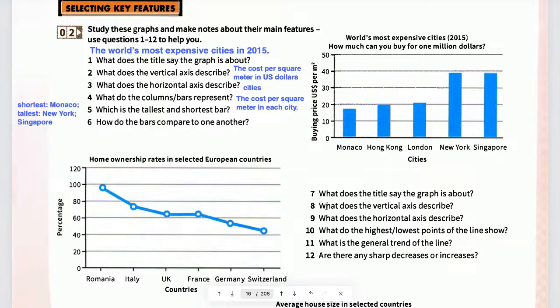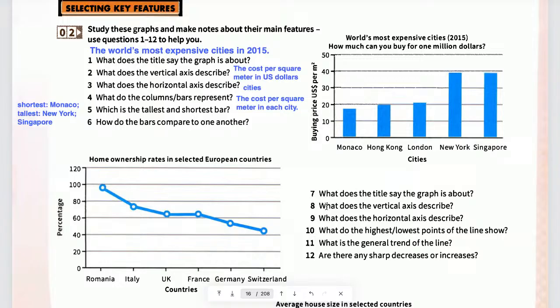Normally when you do writing, you have to compare between the shortest one and the tallest one, something like that. Just look at all of the bars there. For example, you look at New York and Singapore.